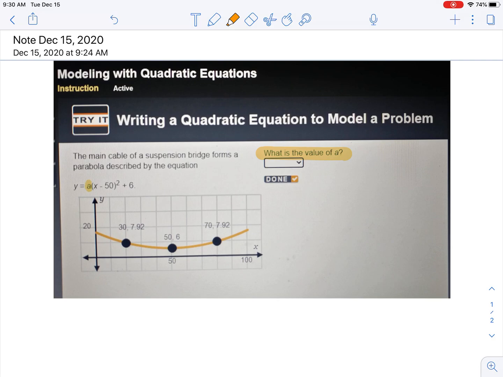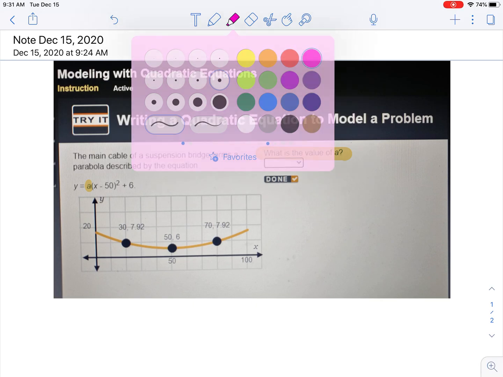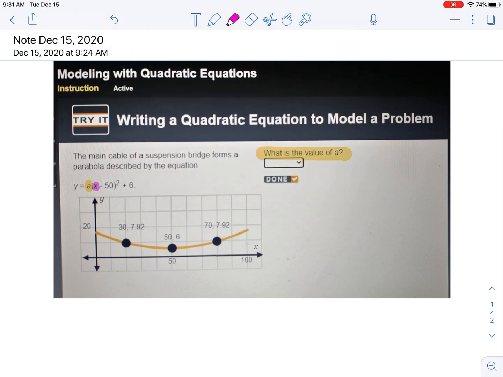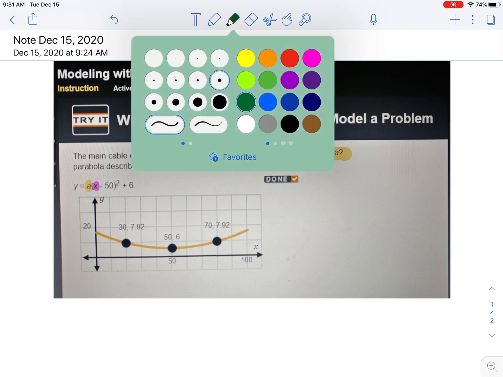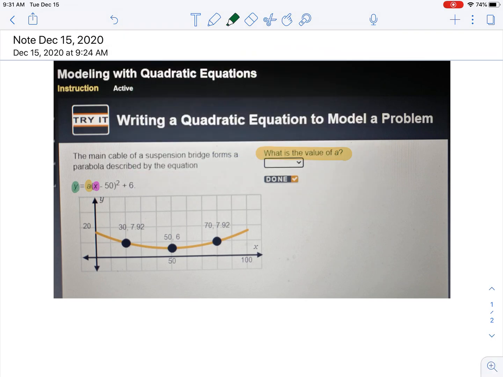So if you look at this equation, you'll notice there are a lot of variables. We see a variable x right here, and we also see a variable y. And then they're giving us a graph of a parabola.